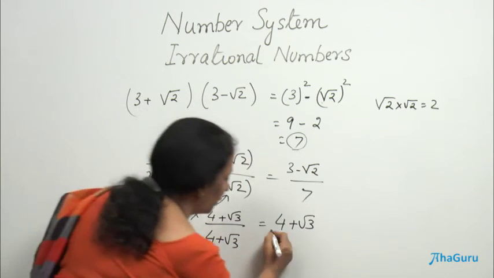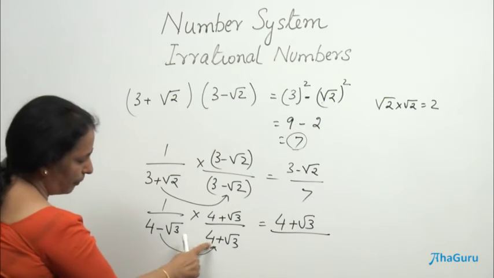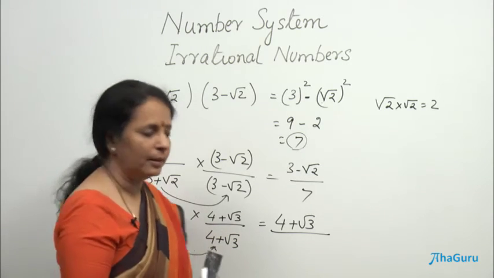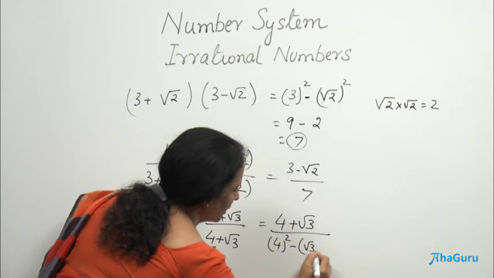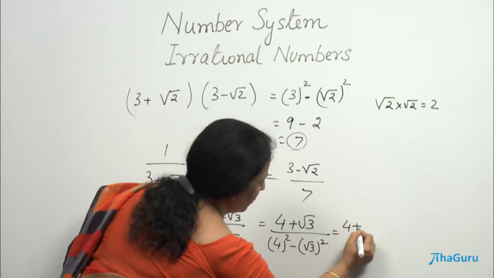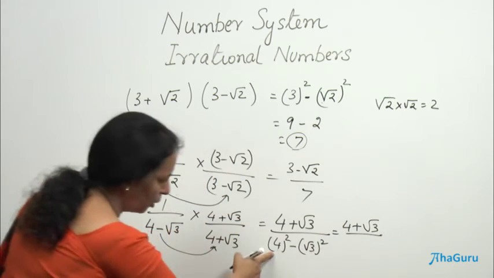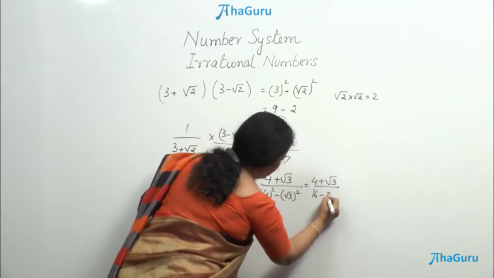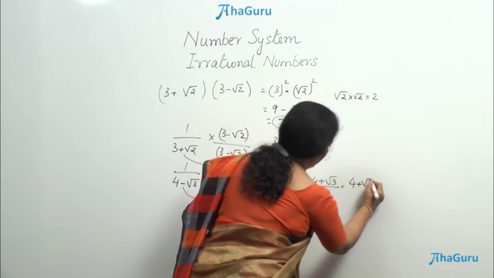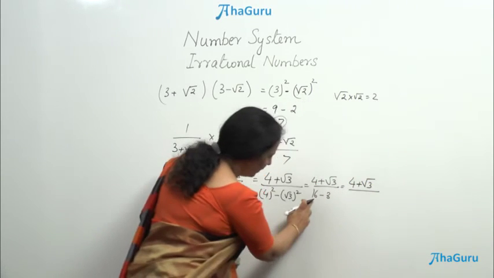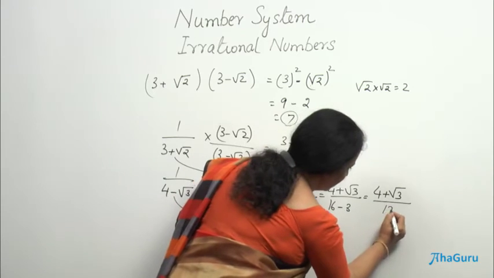The denominator is what we want to know. So, A minus B, A plus B is A square minus B square, which is 4 square minus root 3 square. So, this is 4 plus root 3 in the numerator, and the denominator is 16 minus 3. So, what do we get here? This is 4 plus root 3, the denominator being 16 minus 3 is 13.